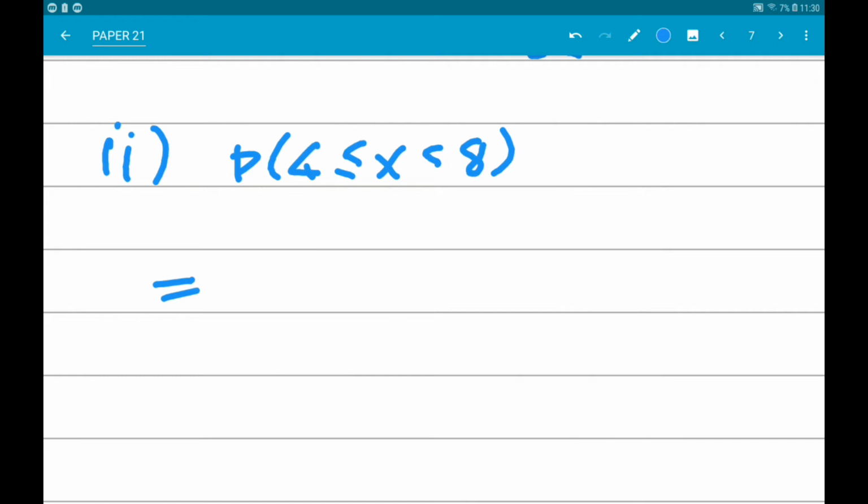So, we want the probability x is less than or equal to 7 minus 3, 2, 1, and 0. So the probability x is less than or equal to 3.